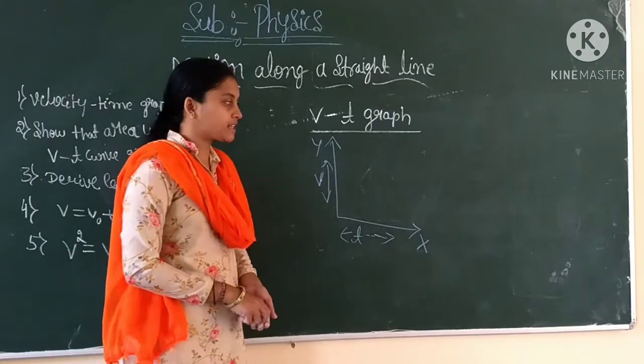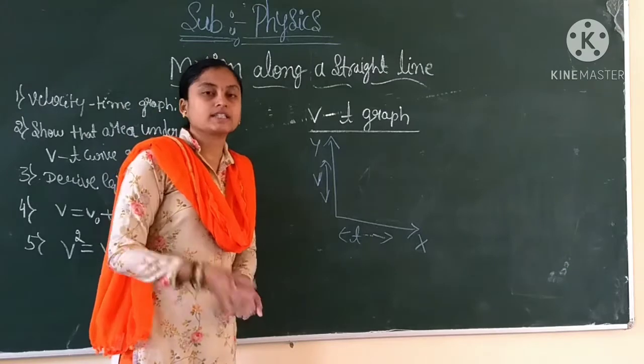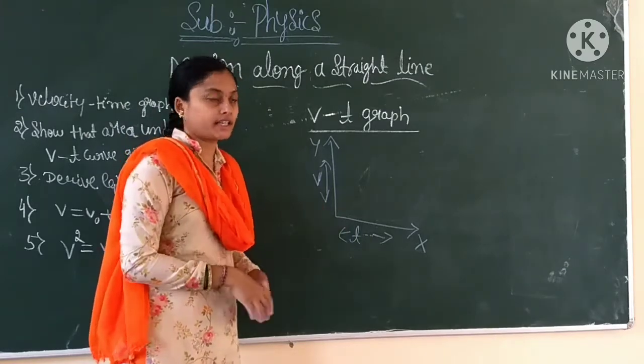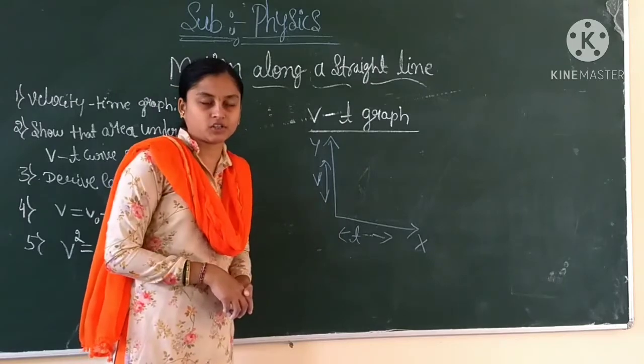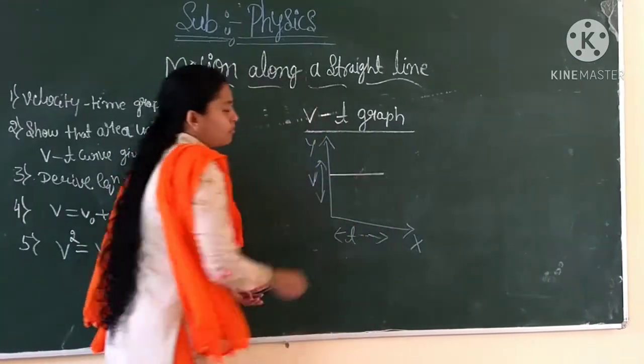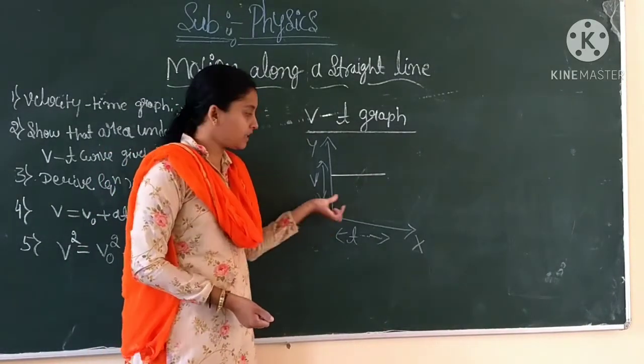Okay. So for example, take the motion of the particle along uniform velocity in the VT graph. We take the first example for the motion of the particle along uniform velocity in the VT graph.